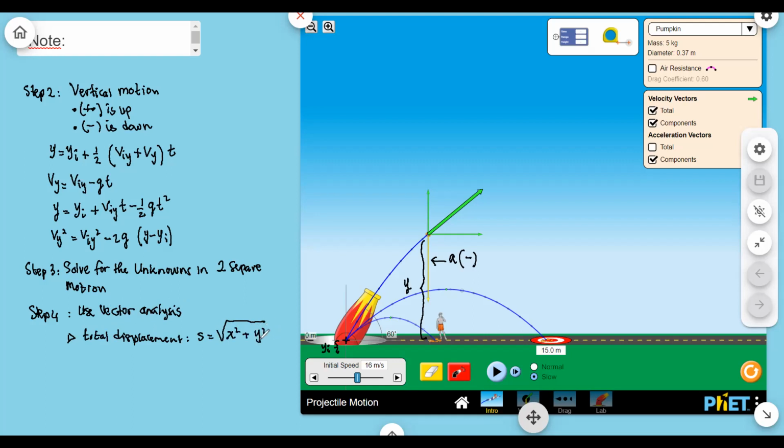So Y is the height, and X is the range. So that is the total displacement. Now from the simulation, I will show you which one is the total displacement.